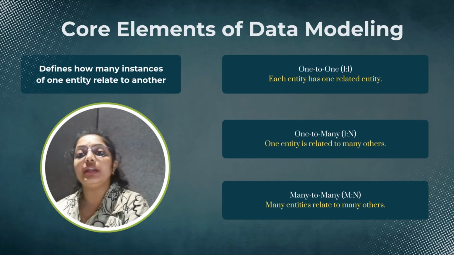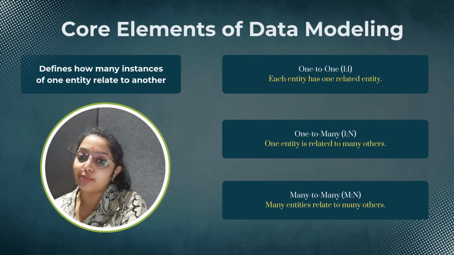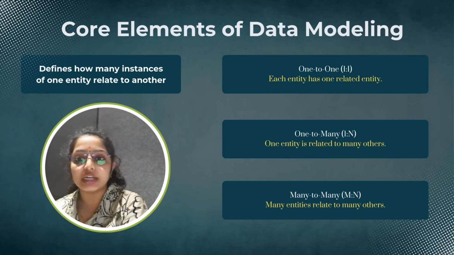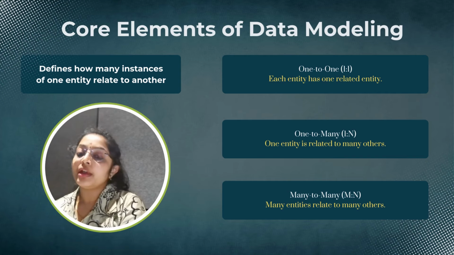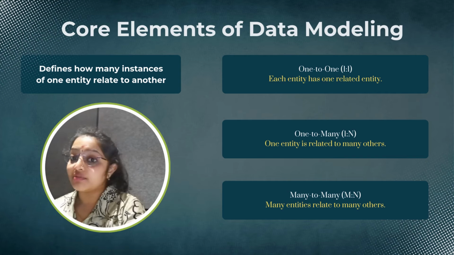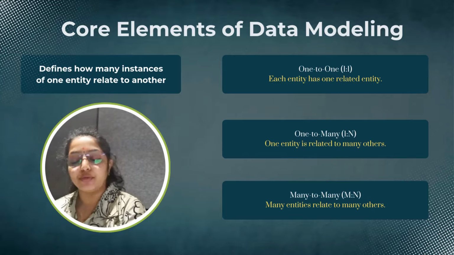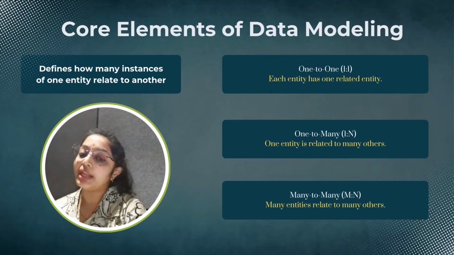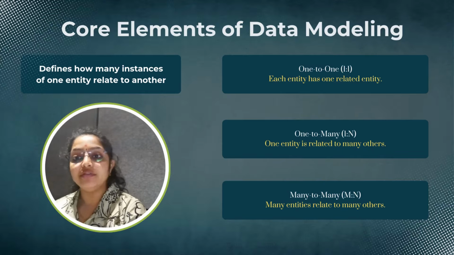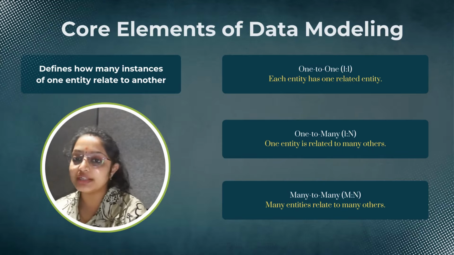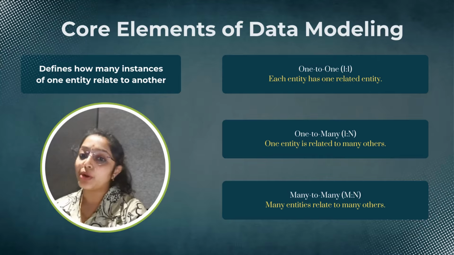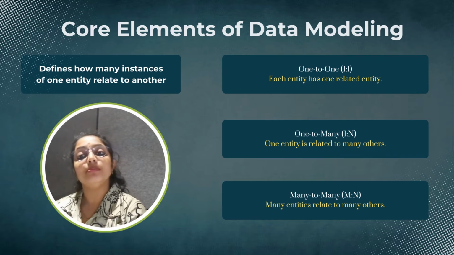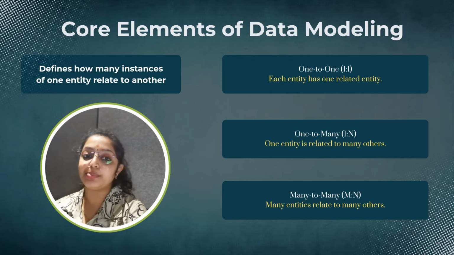For example, if I take two laptops, then two laptops can be present in one single order. And also if I take one laptop and someone else takes one laptop, and both laptop brands are the same, in that case I can say many orders have many products. So in this way, a product can belong to many orders, and an order can have multiple products.